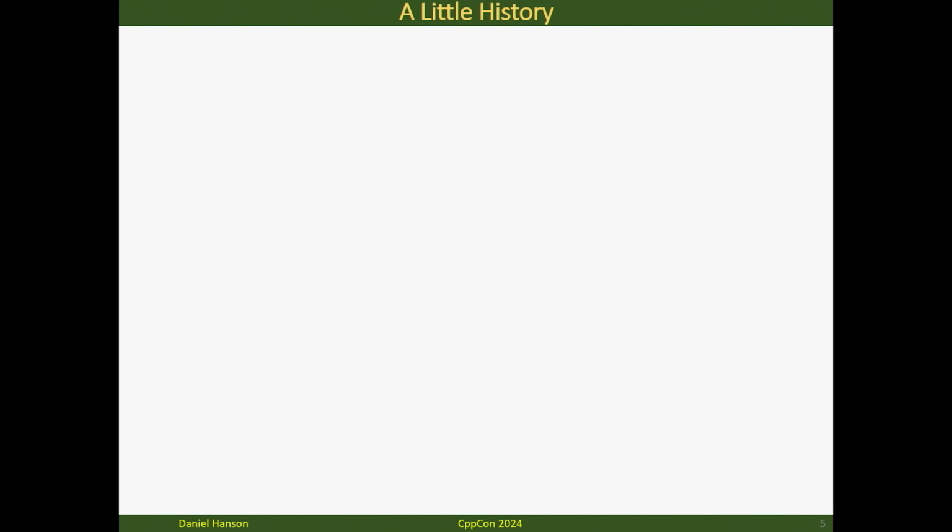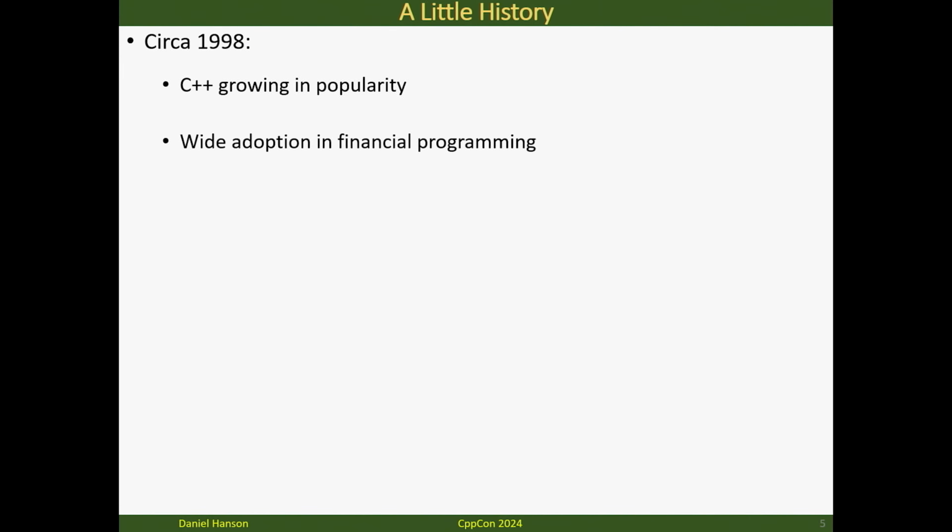All right, so in 1998, around then, C++ is really growing in popularity, and especially in financial programming. It's really, really big. All the financial software companies and financial institutions are eager to adopt C++.